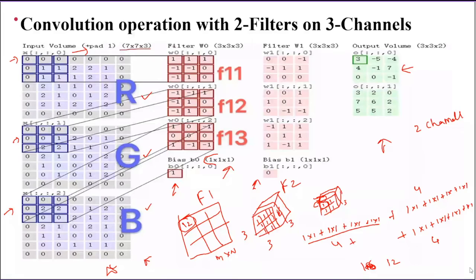The first channel is due to the first filter, the output of this convolution operation. The activation map has two channels because we are using two filters. This first channel is computed with the help of the first filter's operation with this image. Similarly, we get the second channel of this activation map with the help of the second filter's convolution operation with this image.